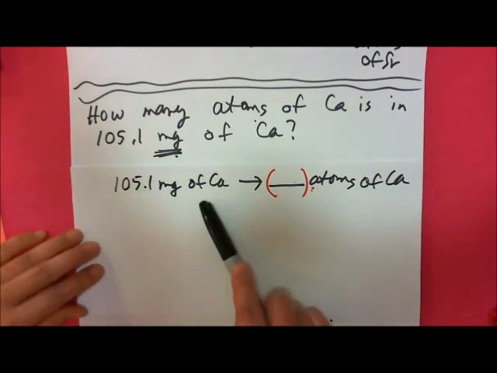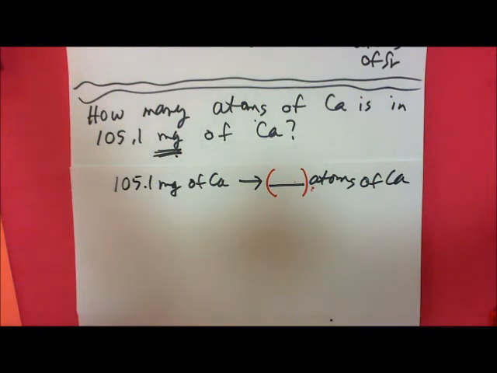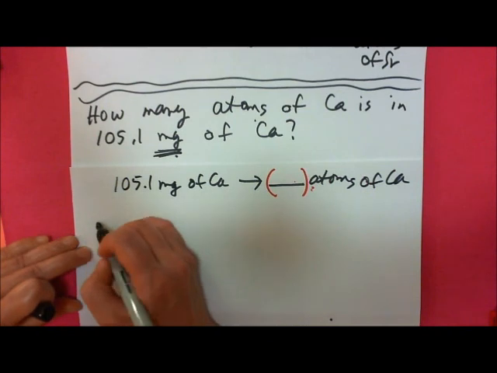Now, we are looking at this and we say, well, Avogadro's number of atoms goes with 1 mole, and 1 mole goes to the number of grams of calcium for the atomic mass number that I get on the periodic table. Okay, so what do we know? Well, I can write down that definition that I have for the mole.